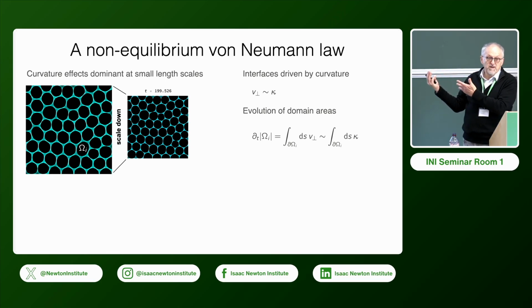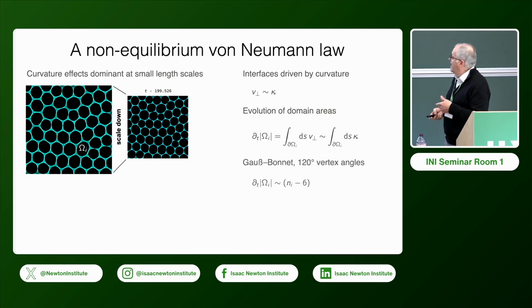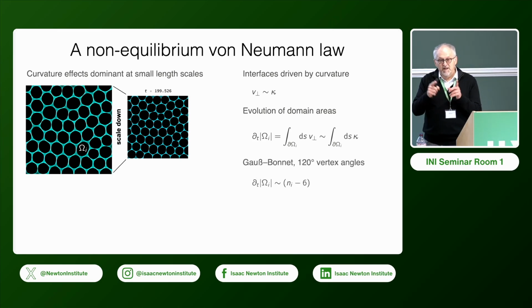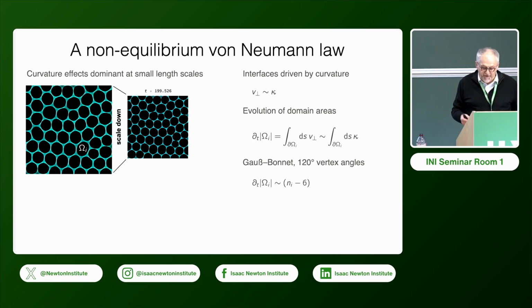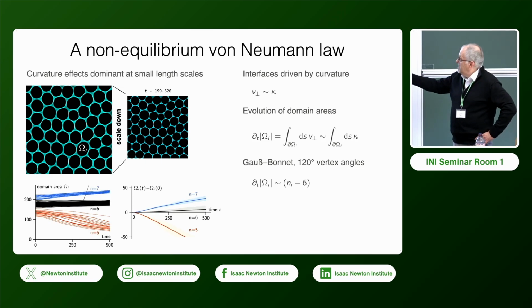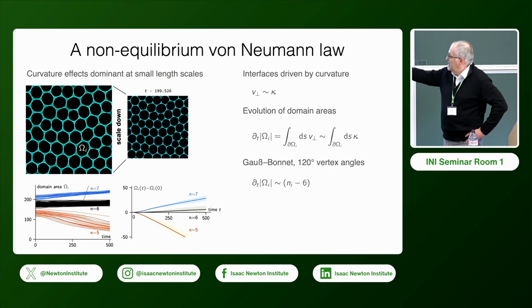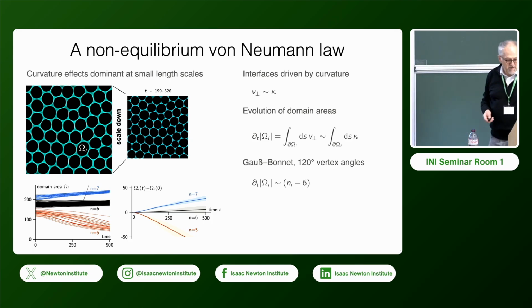And once you apply the Gauss-Bonnet theorem, you'll find that the change in area needs to be n, the number of edges, minus 6, and some constant in front of it. So differential geometry is bounding what you have, and that's reflected in the data. The data show the very same behavior. The 6s stay constant, the 5s shrink, and the 7s grow.